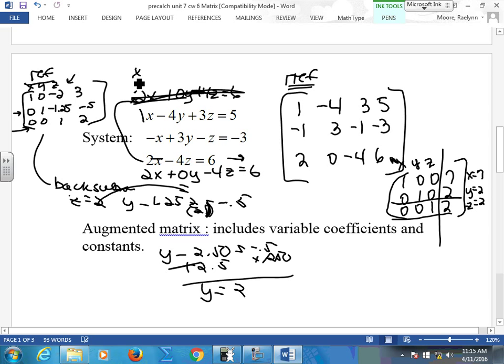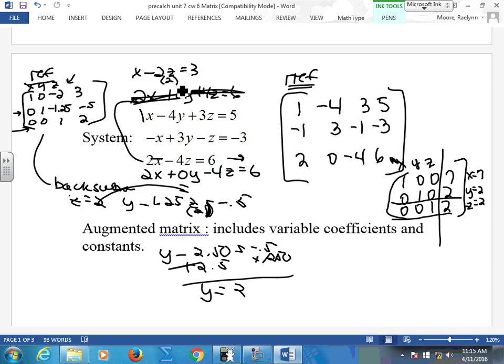This says X, no, Y, minus 2Z equals 3. We're going to substitute in your 2, and so that would be 4, and X would be 7. Do you see the difference between REF and RREF? One is row echelon form, which requires us to back substitute. The other is RREF, which gives us a nice little set of answers.